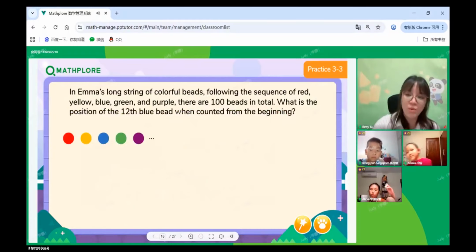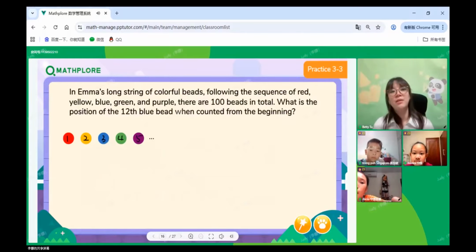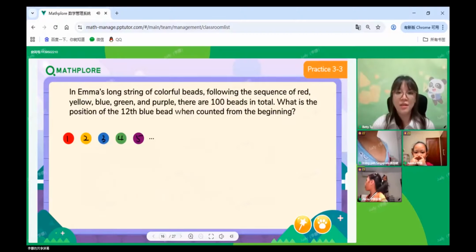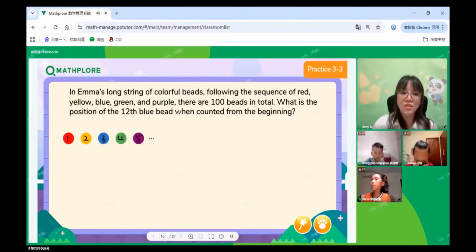This time we have 5. Okay, 1, 2, 3, 4, 5. Okay, so Emma strings a string of colorful beads following this sequence. And what is the position of the 12th blue bead?